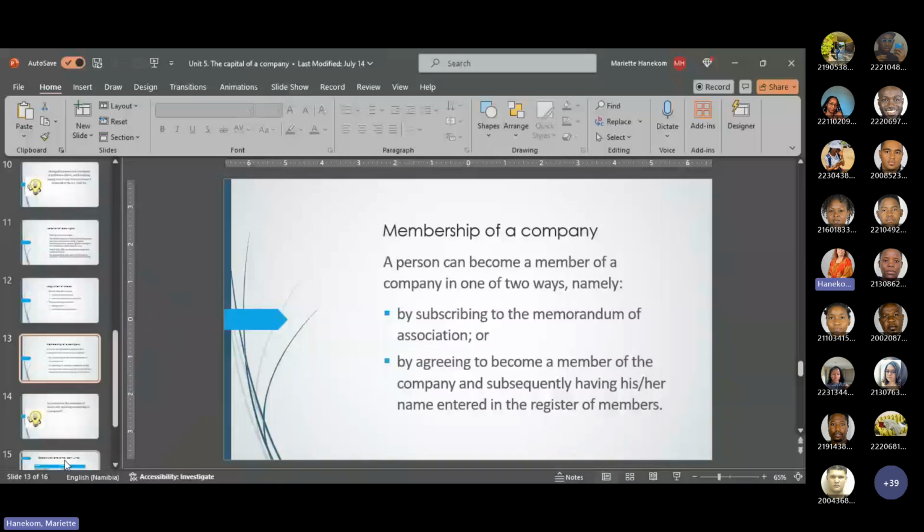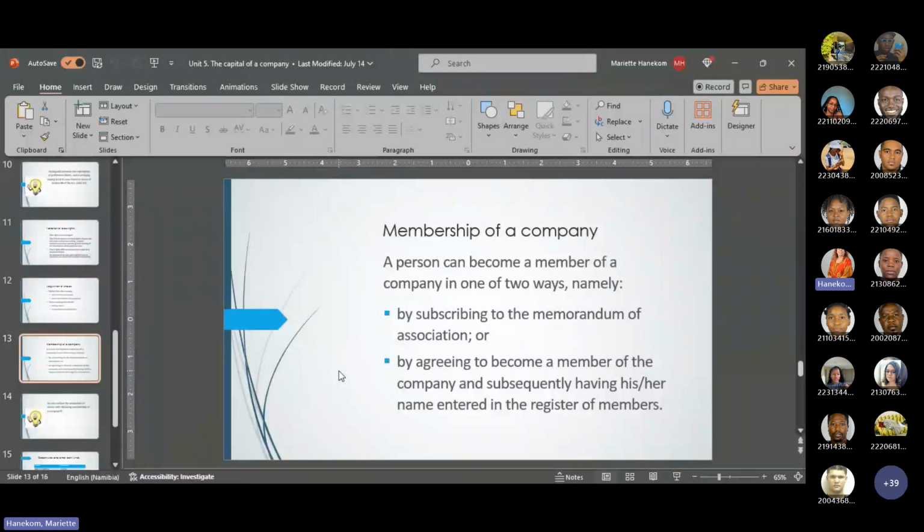So what is membership of a company? You might have heard, and I think I've mentioned this in previous lectures, that I use the terms membership and shareholding, member and shareholder, interchangeably.